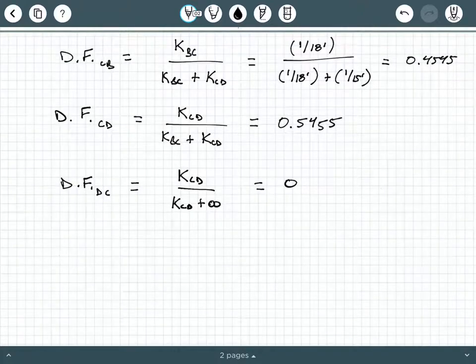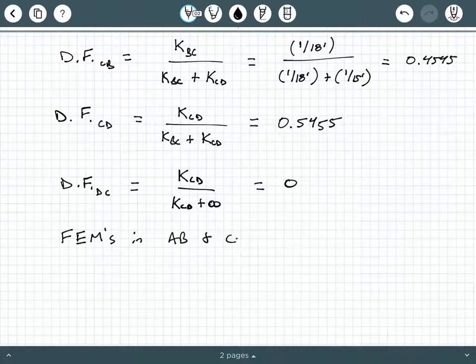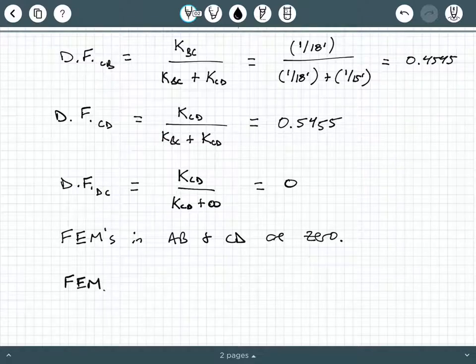All right, so the other things we need to keep in mind is FEMs, the fixed end moments in AB and CD are all 0 because you don't have any applied loading on span AB or CD. So we do have fixed end moments in span BC, in that kind of middle span.